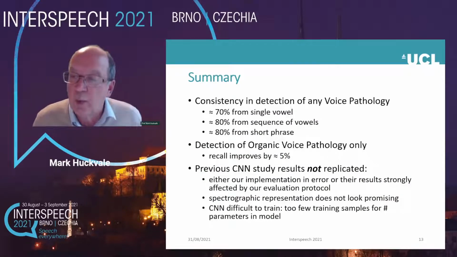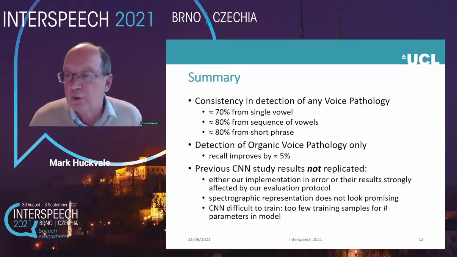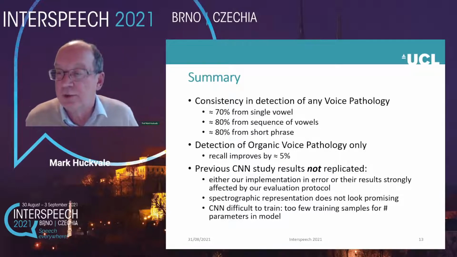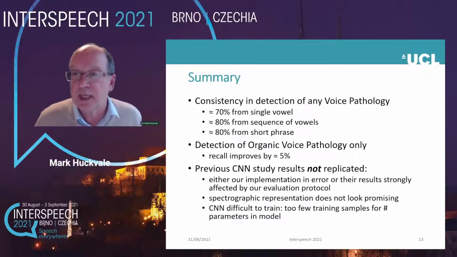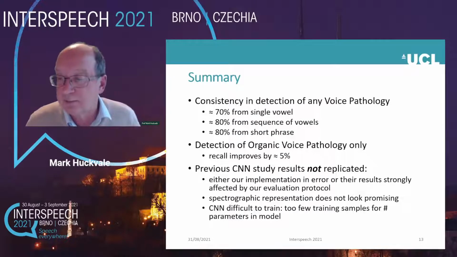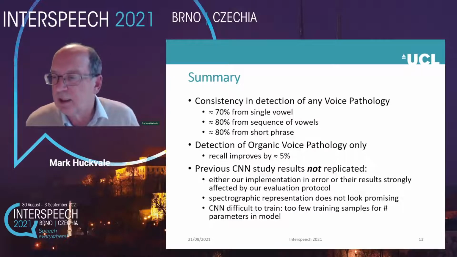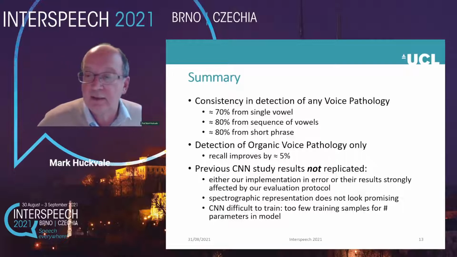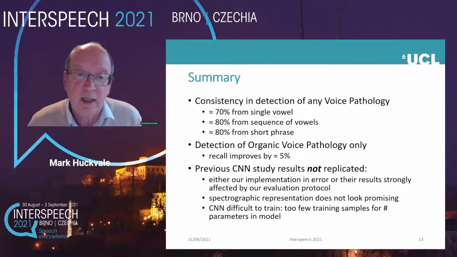Just to wind up then, overall we found that if the goal is to detect voice pathology from audio recordings, you can get a performance of about 70% from a single vowel, which is very commonly used in clinical practice.